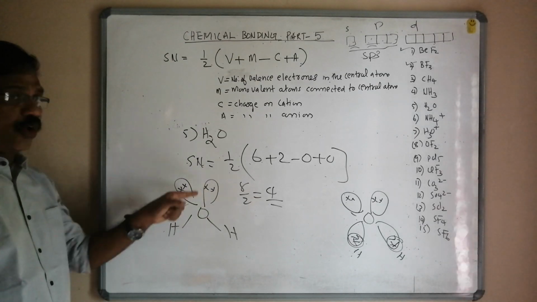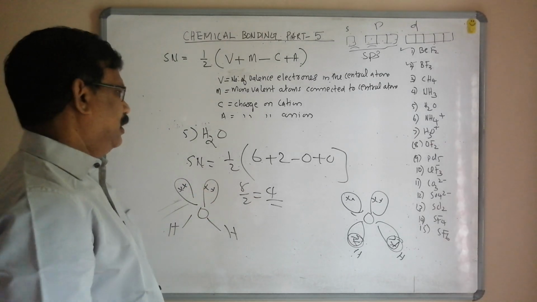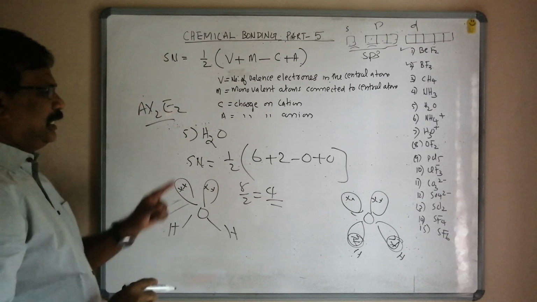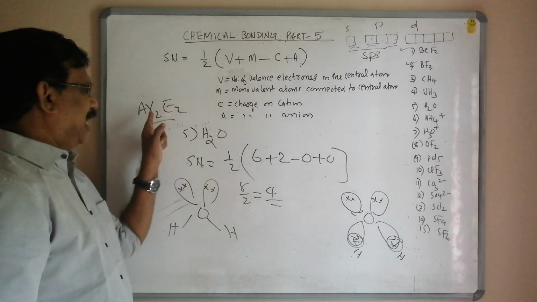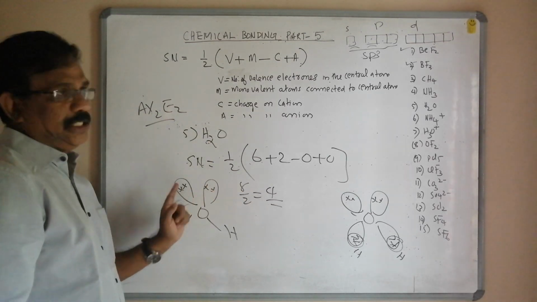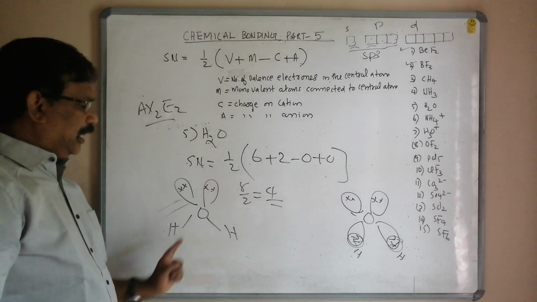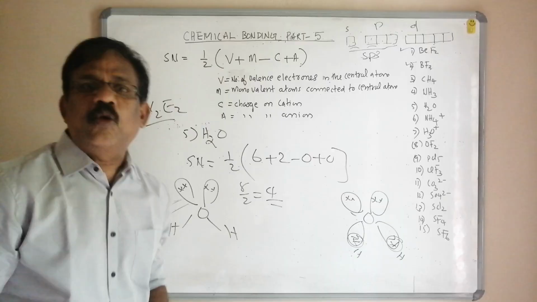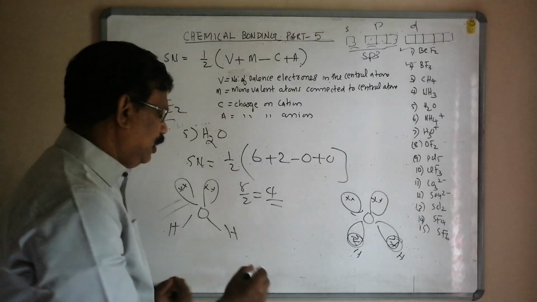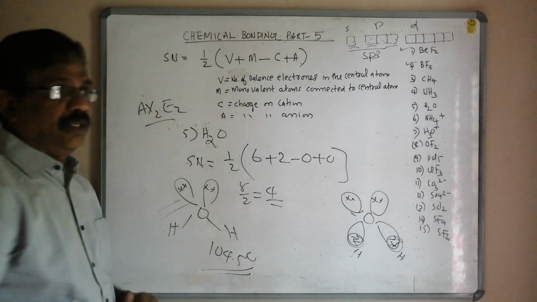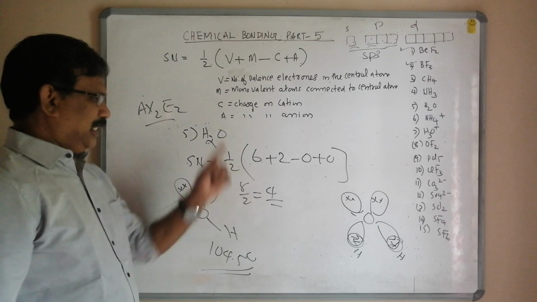So the shape is angular, V shape, bent molecule. Water is AX2E2 type. A stands for oxygen, X2 for 2 hydrogen, and E2 for 2 lone pairs. AX2E2 type molecules are bent, angular or V-shaped molecules with bond angle 104.5 degrees. This is the water molecule.